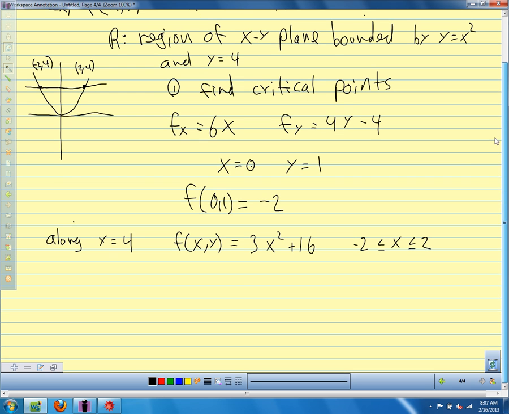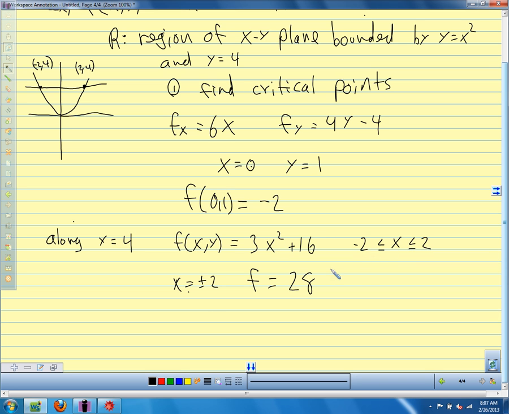And along this curve, let's look at our endpoints. At plus or minus 2, if x equals plus or minus 2, if I plug in plus or minus 2 here, I end up with the function value equals 28. Where would be the minimum value here?